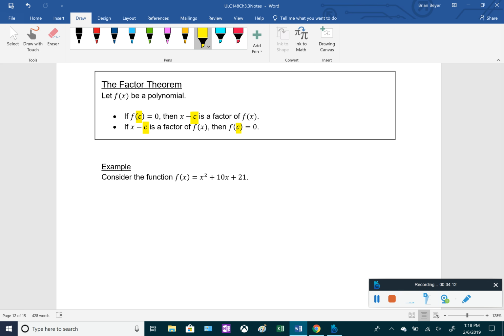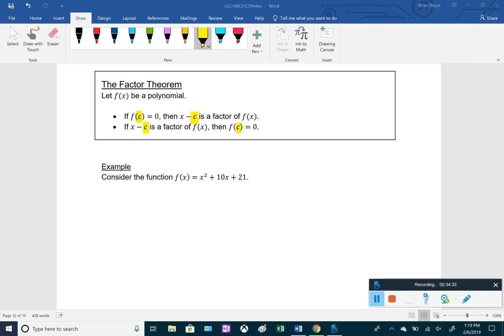So let's see an example here. Let's consider f of x equals x squared plus 10x plus 21. This is going to have two values, so two x-intercepts. So f of -3 is going to be 0, and so is f of -7.